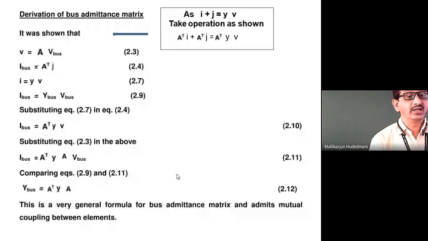In that way, A transpose J becomes the bus current. So from this expression, A transpose I goes 0 because of application of KCL, and A transpose J will not go 0, and that is represented as I bus, or bus current, equal to A transpose Y into V.